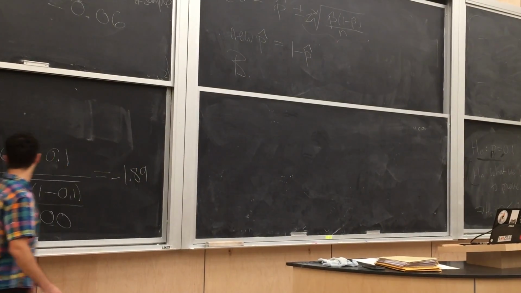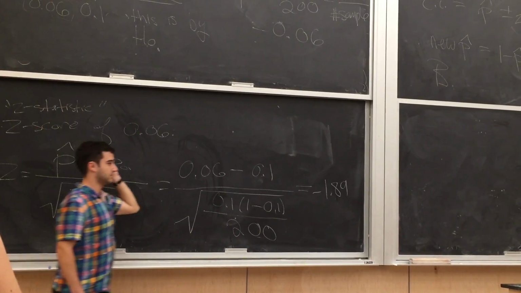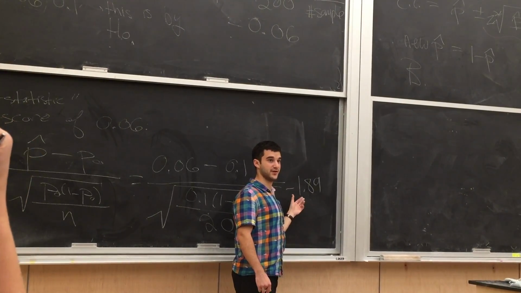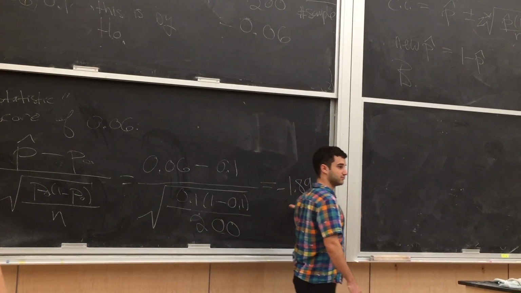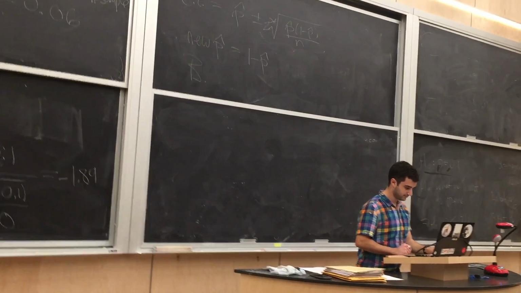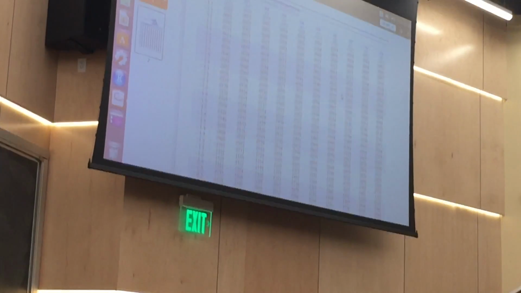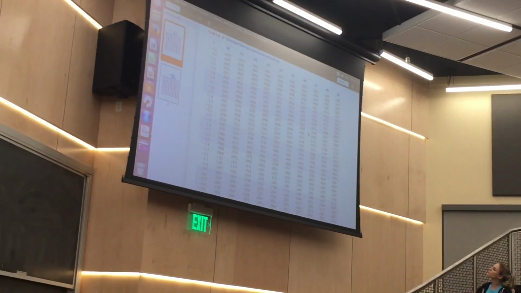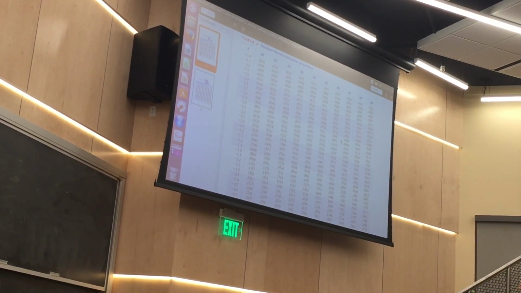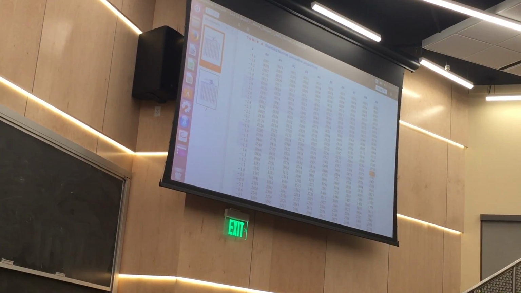So we want to find the area to the left of 0.06. Now we found the z-statistic, and what do we do with this? Yep, use the table. So we look up that number, negative 1.89, in our table, and we end up right over here.